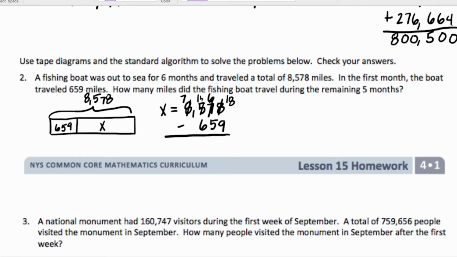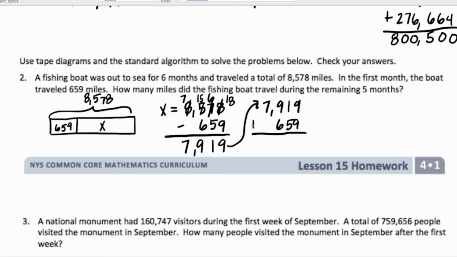This 5 becomes 15. 18 minus 9 is 9. 6 minus 5 is 1. 15 minus 6 is 9. And 7.